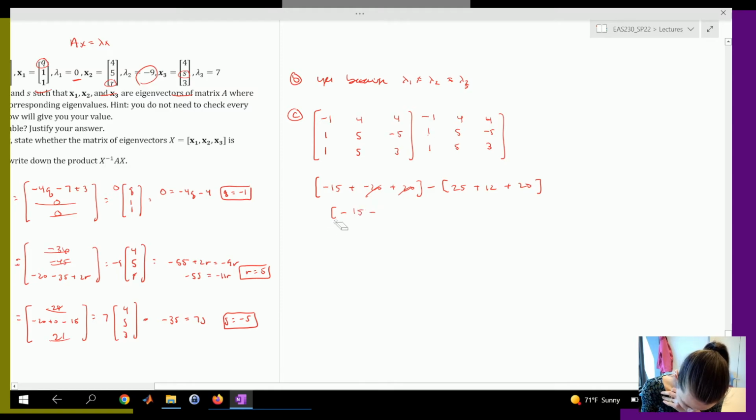So negative 15 minus 57. The determinant here is going to be equal to negative 72. It's not equal to 0, therefore it's invertible.